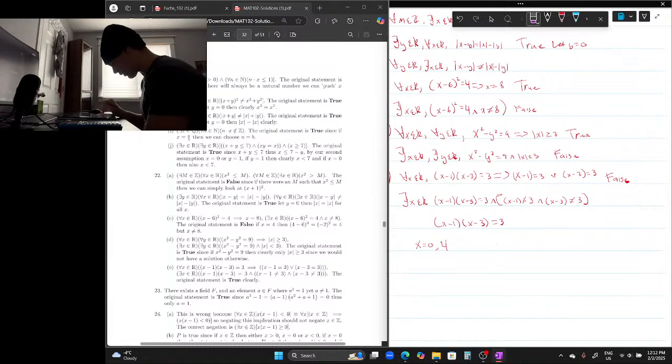Did I miss an absolute value somewhere? The only way this is true is if x equals 6. This statement, 6 minus 1, is not true. 5.